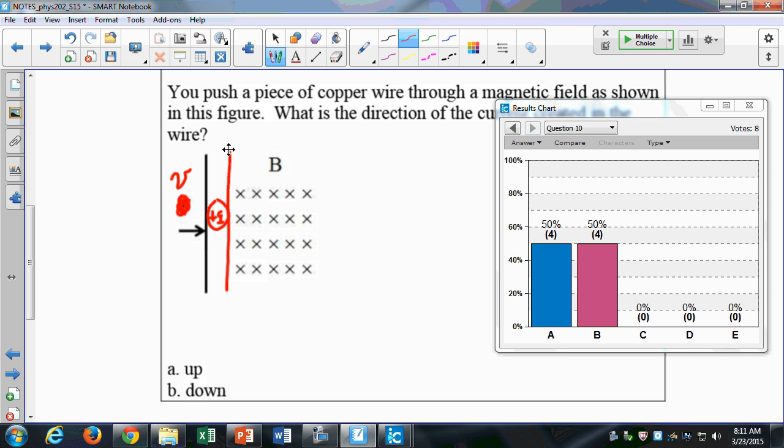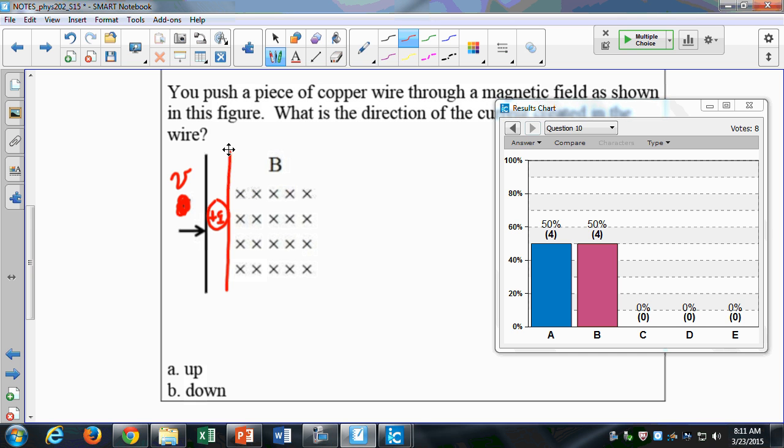So this goes back to the idea that I just have a charge moving in free space. This charge has a velocity to the right, and the magnetic field is in that direction. So my force on this charge is going to be up. So I would answer A.